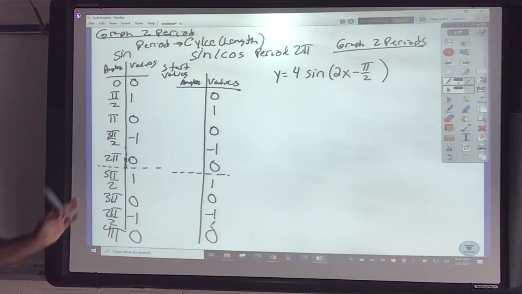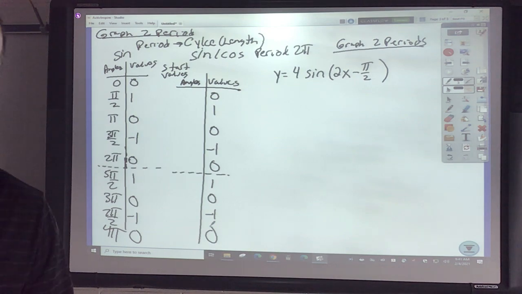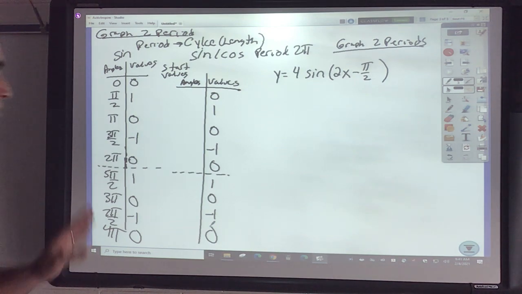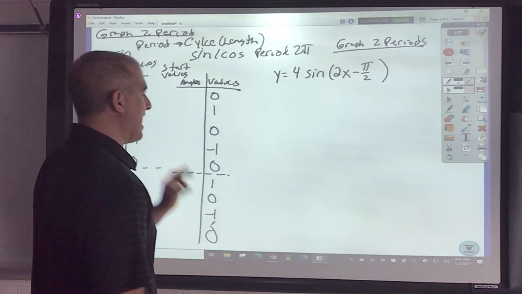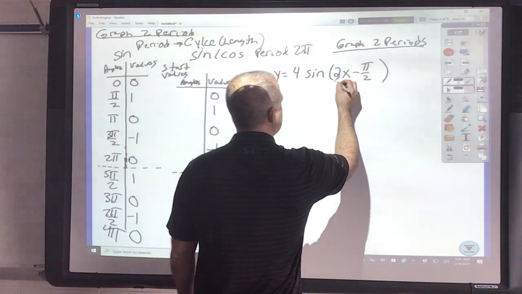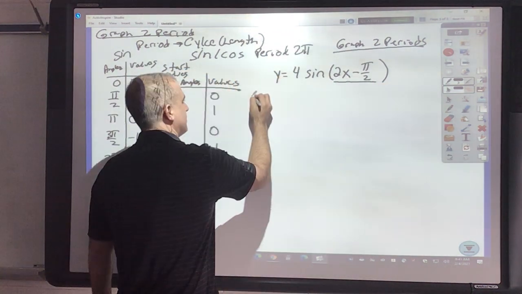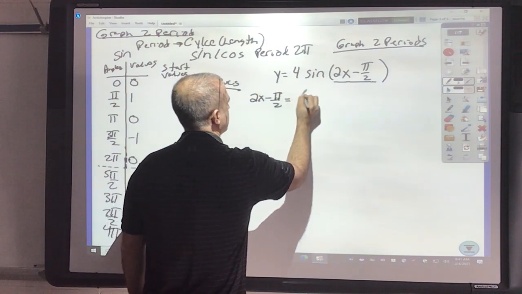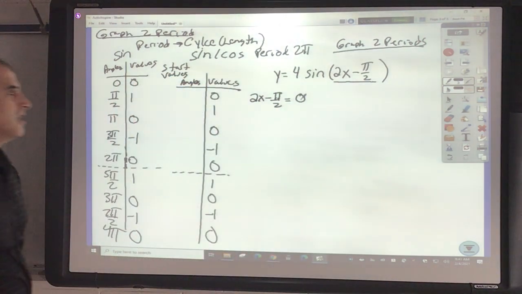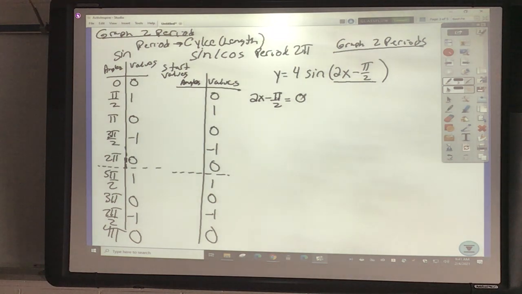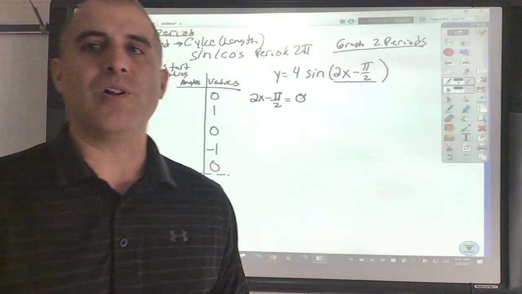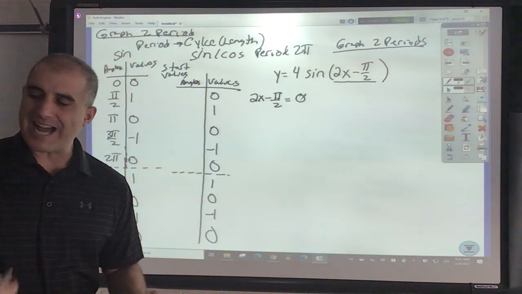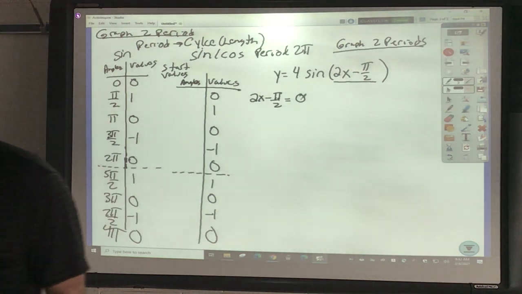Now, let's talk about how you figure out the angles. What you do to figure out the angles is take the inside part of my function and set it equal to 0. This unit is a battle of fractions, and you've got to get good at the fractions.